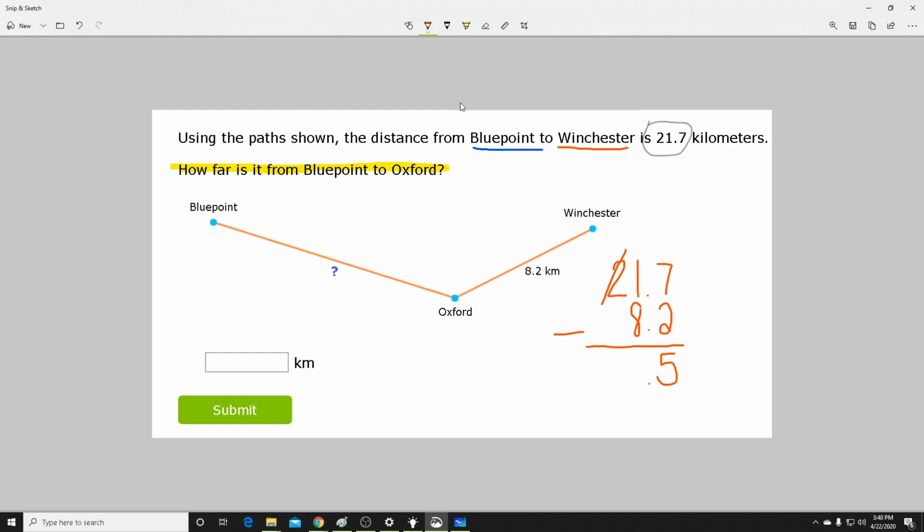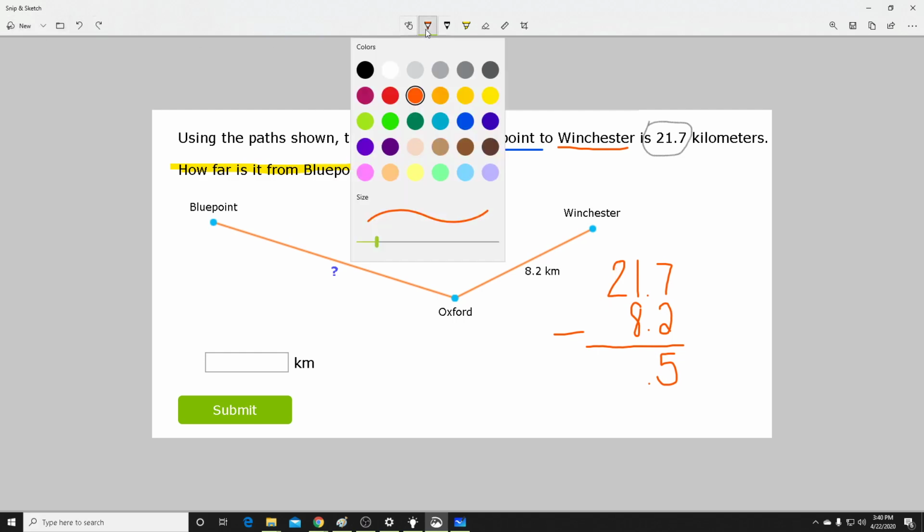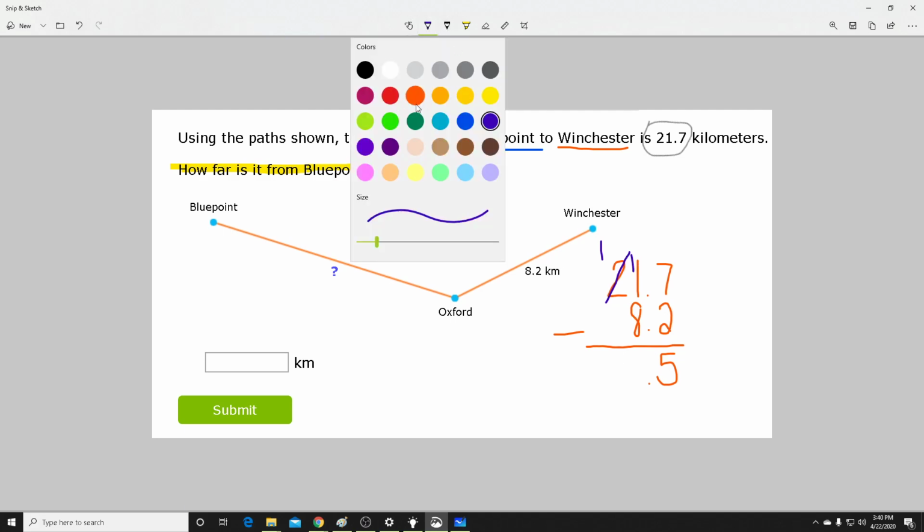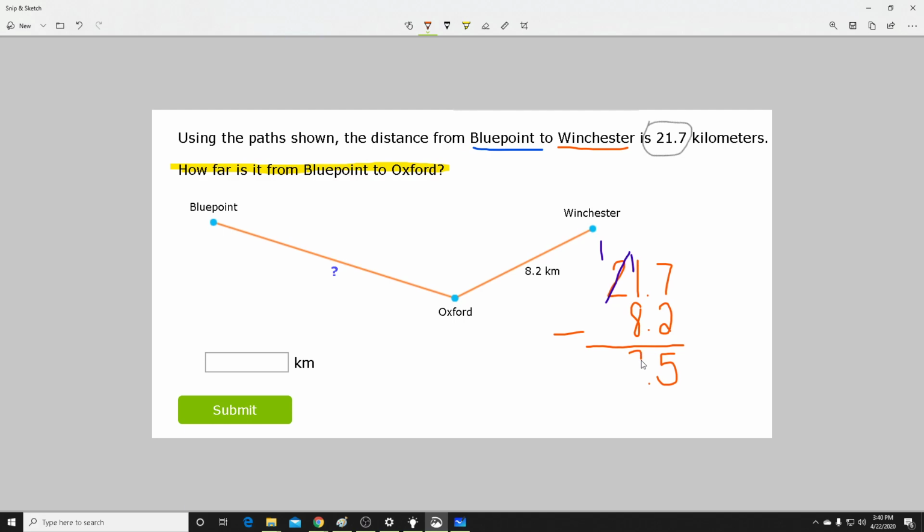We need to borrow. Let me use a different color. So we need to borrow from here. This 2 becomes a 1, because we took 1 away. And we turn this 1 into an 11. 11 minus 8 is 3. Then there's nothing to subtract from the 1, so 1 minus 0 is just 1.